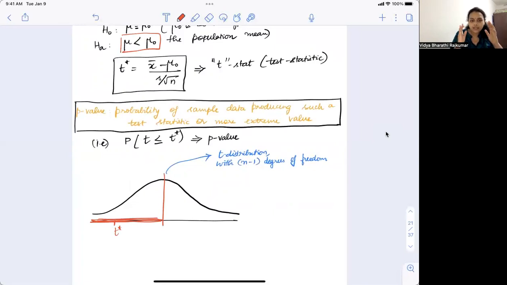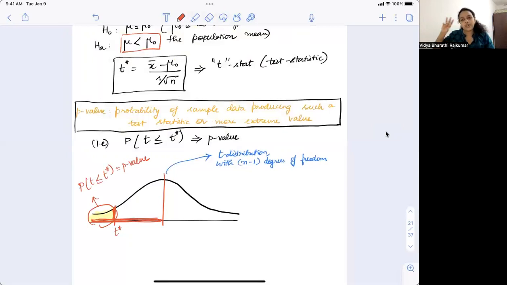More extreme means beyond T star, and I look beyond T star in the left direction. Therefore, I'll be interested in computing this area, the probability of T being lesser than or equal to T star. This becomes my p-value. So the p-value is essentially the likelihood of finding a more extreme value than your test statistic.